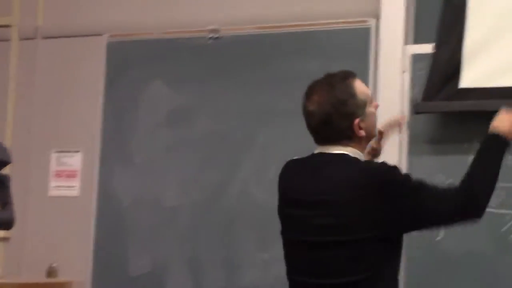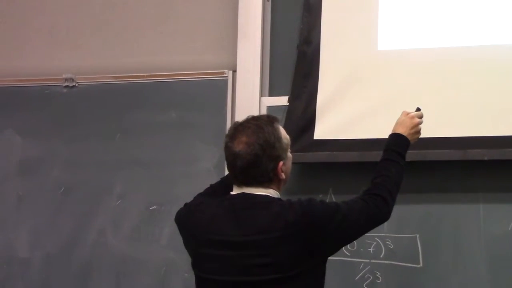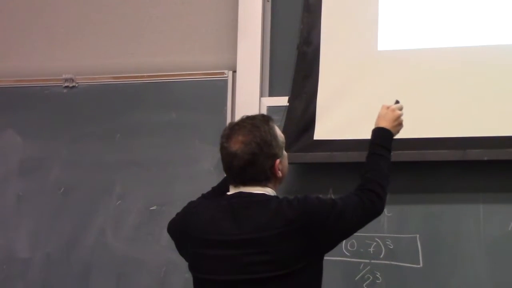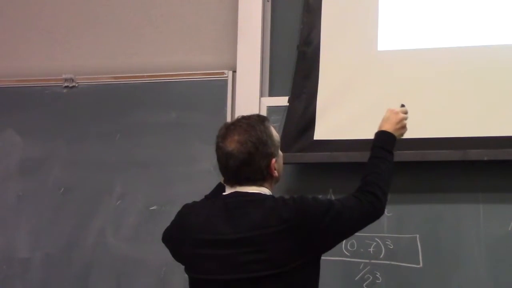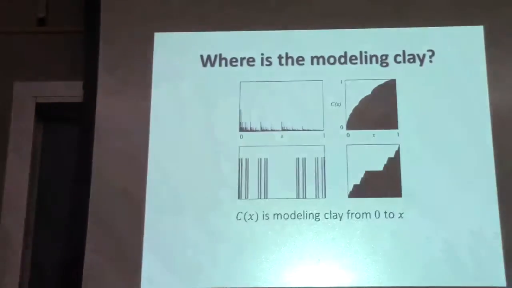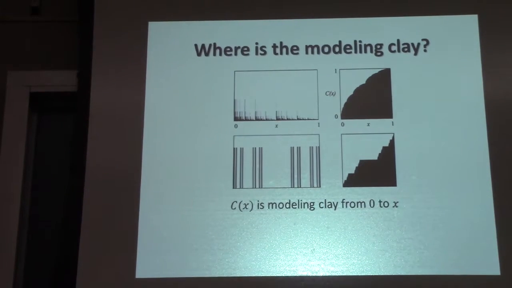So, question. I place myself at the middle and I ask, how much mass is there from the beginning to the middle? How much? The game was 70% to the left and 30% to the right.